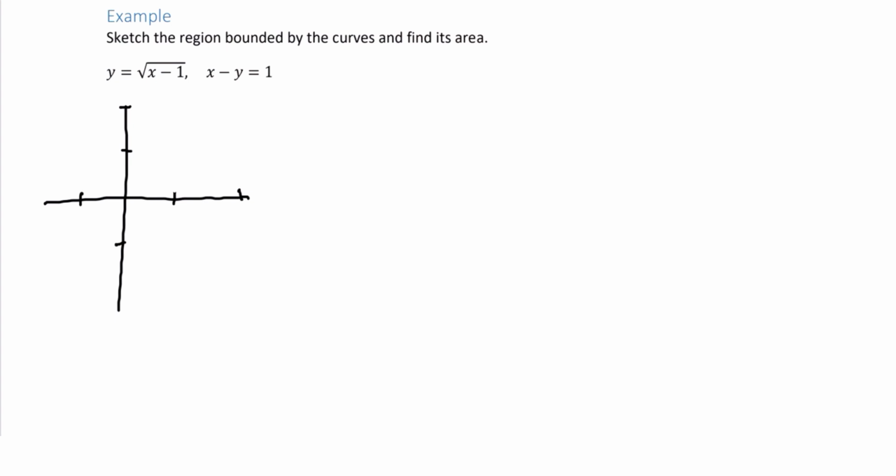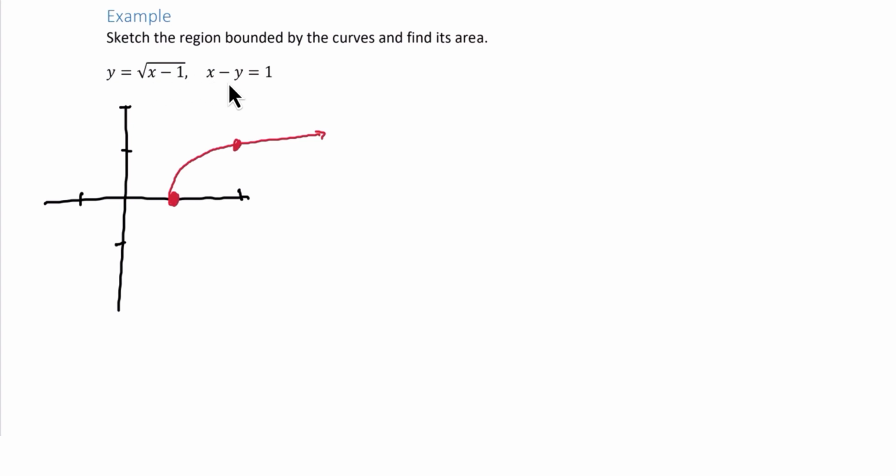If you don't remember transformations, we can use point plotting. Plug in 0, we get the square root of -1, which is an imaginary number. We can't use that. Plug in 1, we get the square root of 0, which is 0. And then plug in 2, we get the square root of 1, which is 1. And then the curve will look something like this.